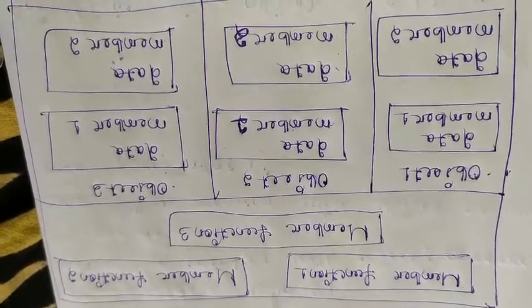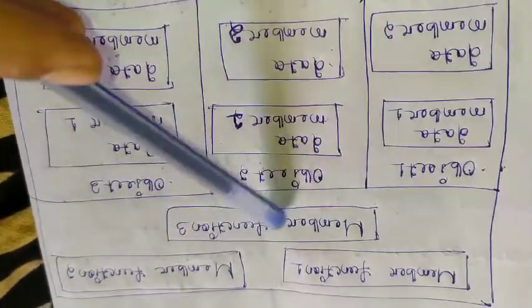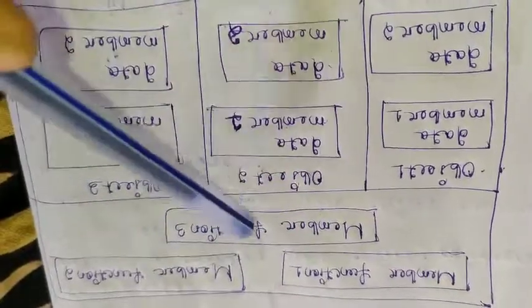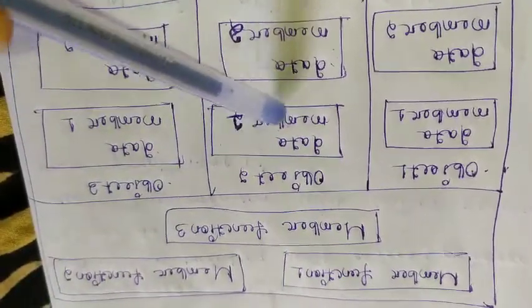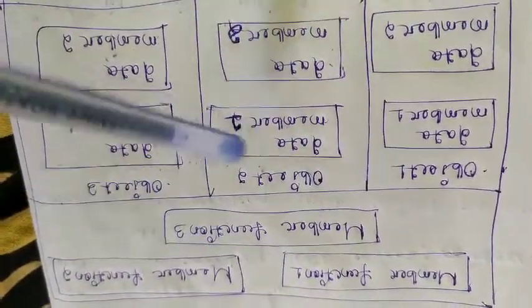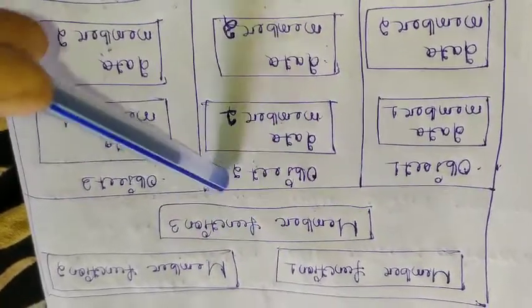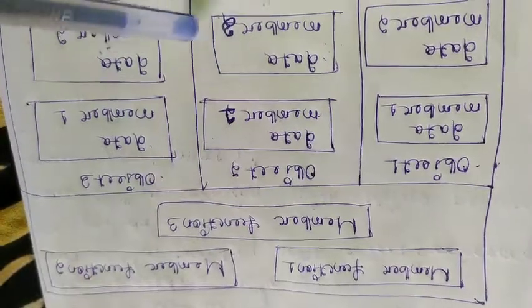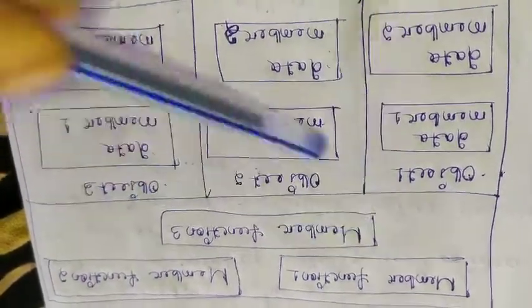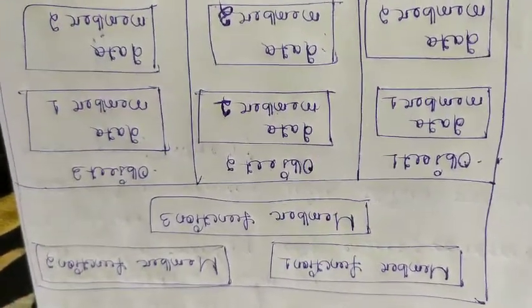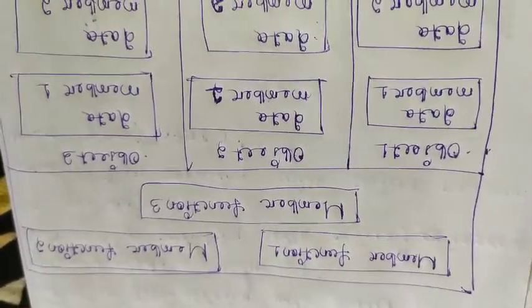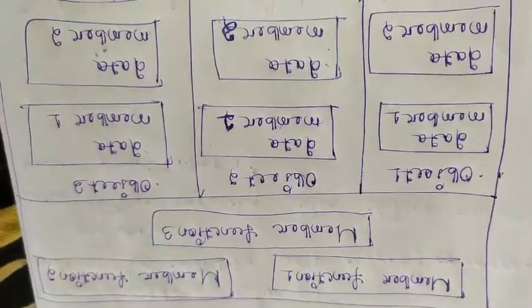That means the member functions are common for all the objects, so we can call them through the dot operator: object 2 dot member function 3, object 2 dot member function 2, object 3 dot member function, like this. So it is placed only once.